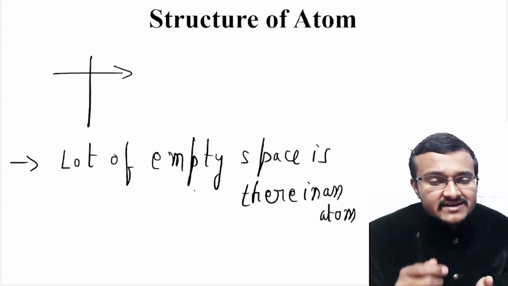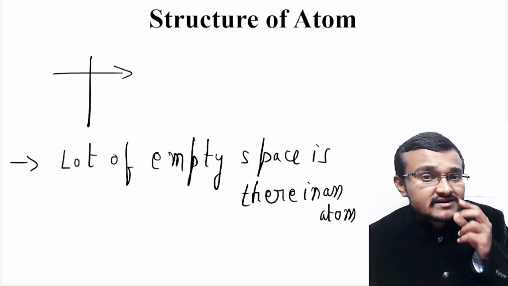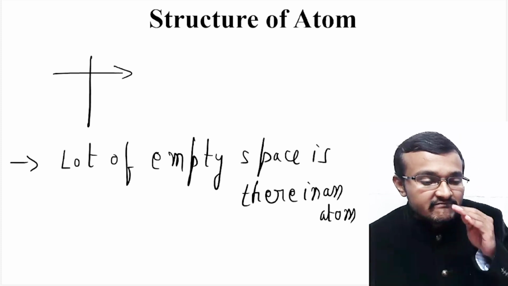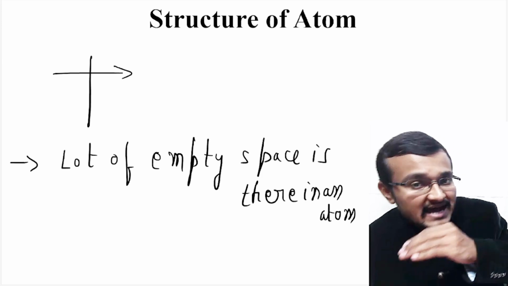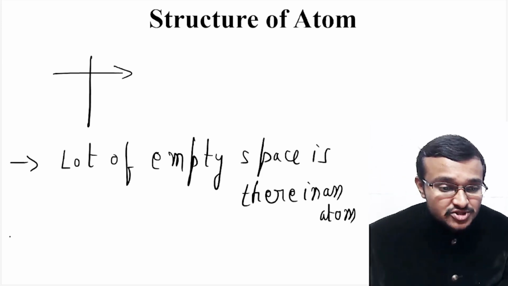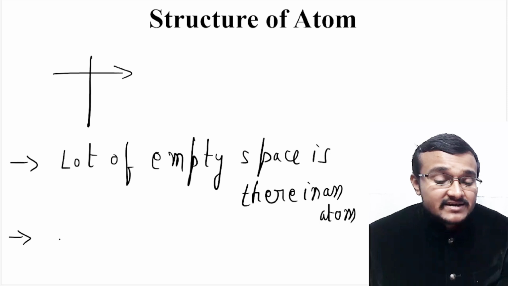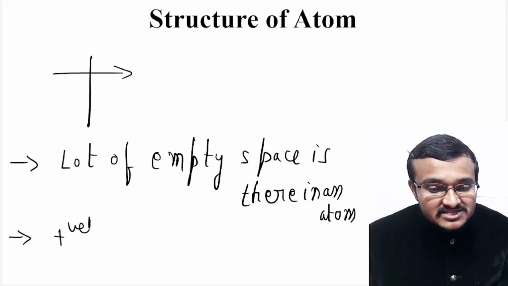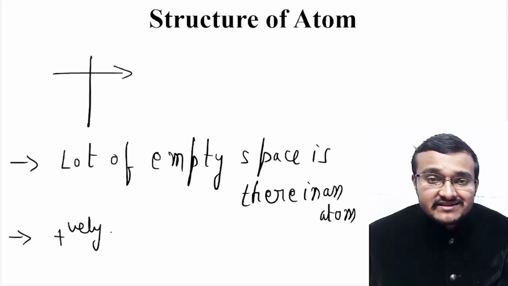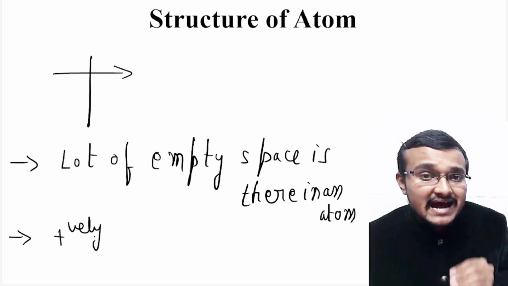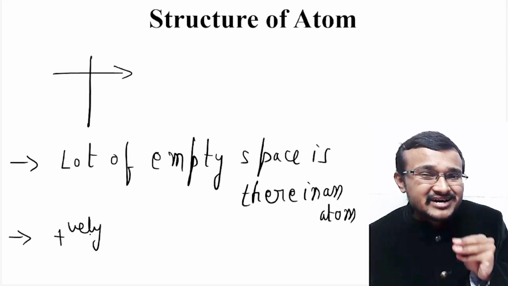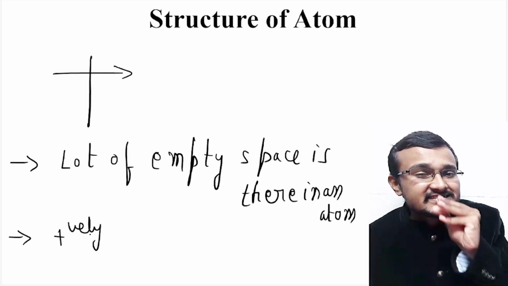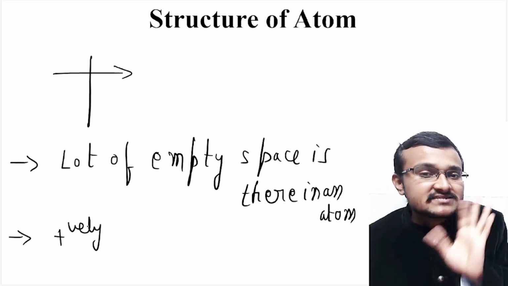Now, the second conclusion which he gave for the second observation, that very few alpha particles had a slight deviation, was that positively charged particles are there inside the atom, and these positively charged particles are confined in a small space inside an atom.